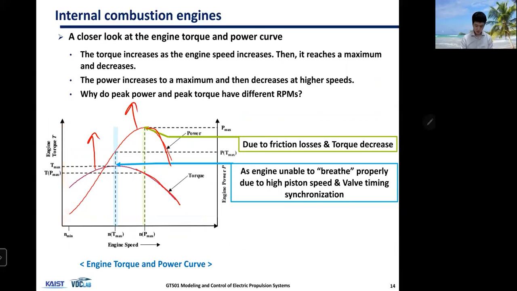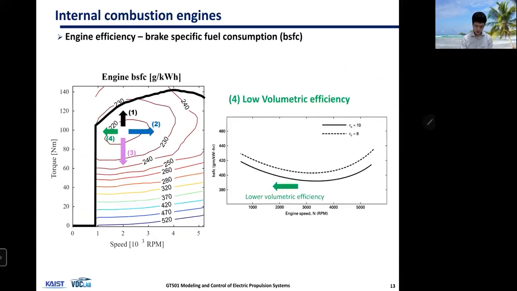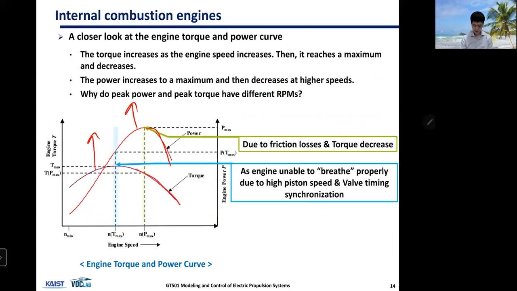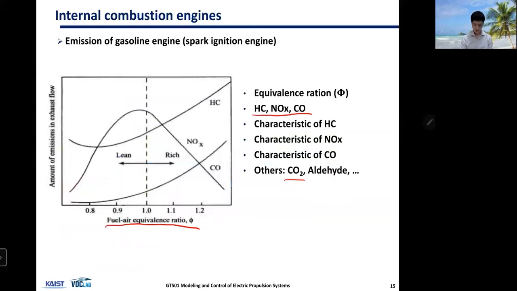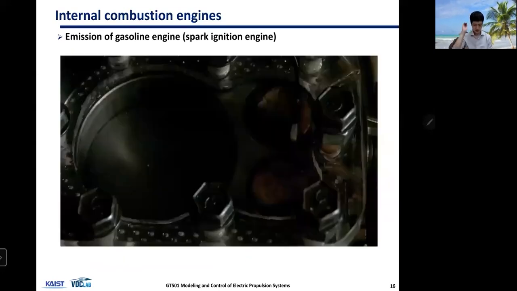And then they also want to make this sweet spot large so that it's efficient over a wide range of operating conditions, and minimize emissions. So that's quite challenging to optimize.